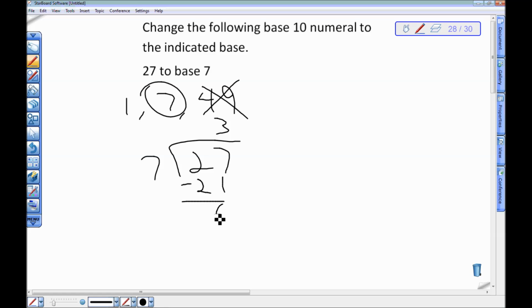I subtract, that gives me a remainder of 6. So that's 3 in the 7's place and a 6 in the 1's place, base 7. And that makes sense to me. It's 21 and 6 more, so 3 sevens and 6 more. Perfect.